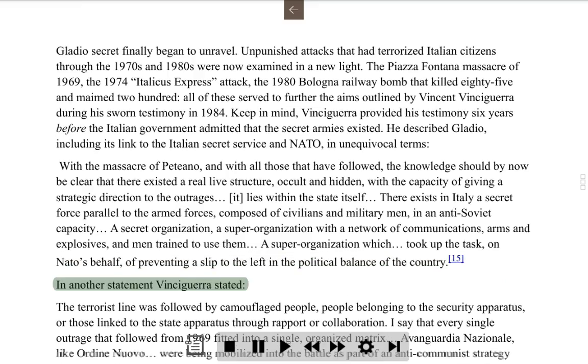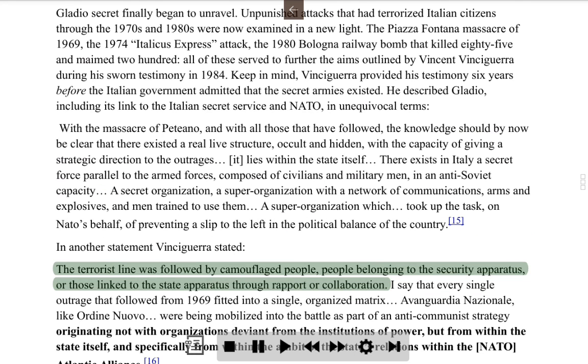15. In another statement Vinciguerra stated, the terrorist line was followed by camouflaged people belonging to the security apparatus, or those linked to the state apparatus through rapport or collaboration.